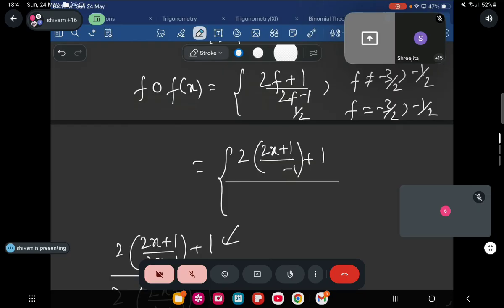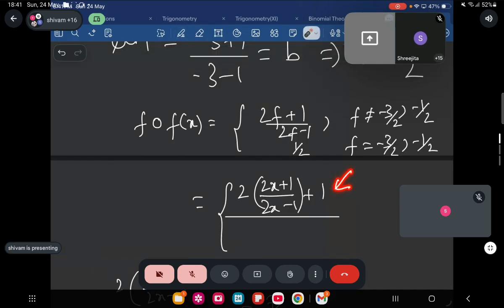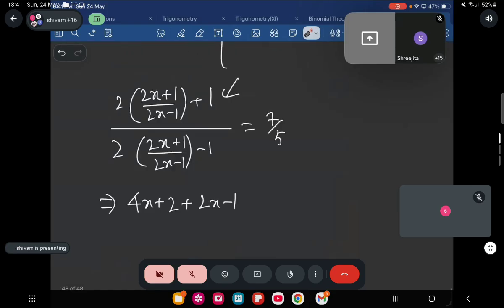And this is given as 7 by 5. So 2 into 2x plus 1 divided by 2x minus 1 plus 1, divided by 2 into 2x plus 1 divided by 2x minus 1 minus 1, is equal to 7 by 5.